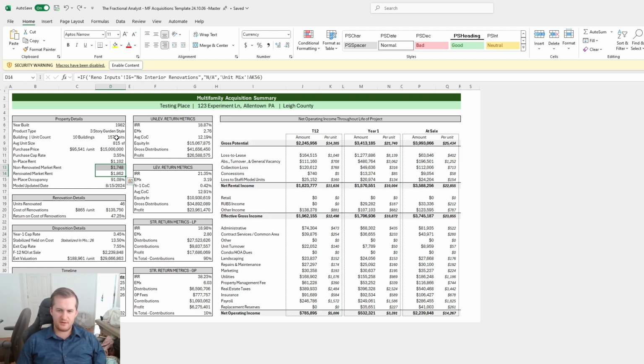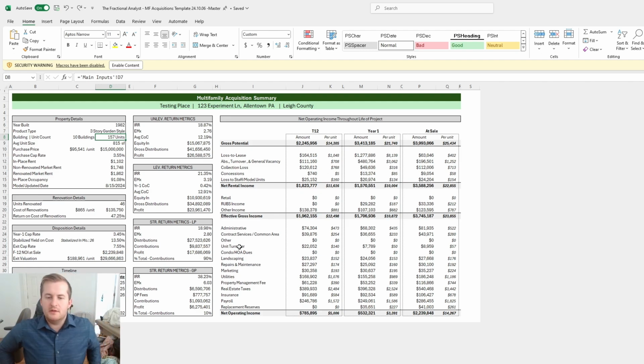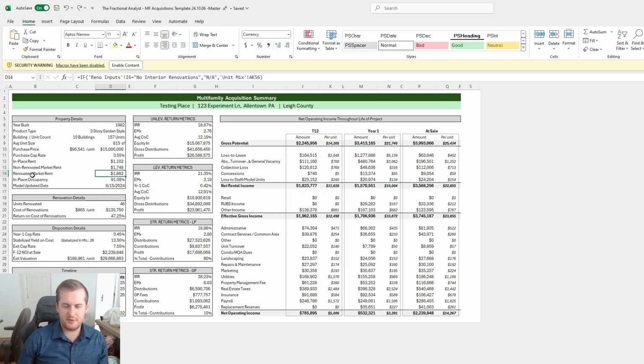So in this scenario, we're saying, hey, we've got 157 units. Of those units, we honestly think that we can achieve our target rent level with most of those units, but we think that 46 of those units should be renovated and then could achieve this post-renovated market rent, which is a little bit of a premium over the others.